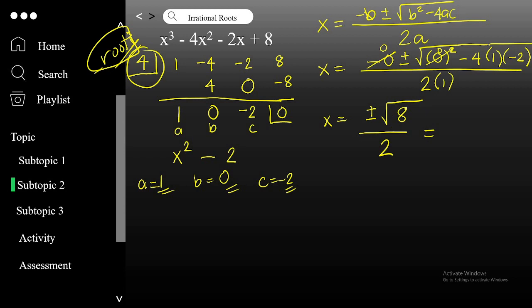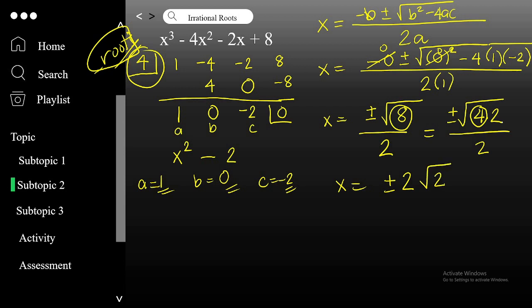There is a factor of 8 such that one factor is a perfect square, and that will give us 4 times 2, all over 2. So the square root of 4 would give us 2. You write that outside, the square root of 2 all over 2, and we can cancel this out. So our x is simply plus or minus the square root of 2.